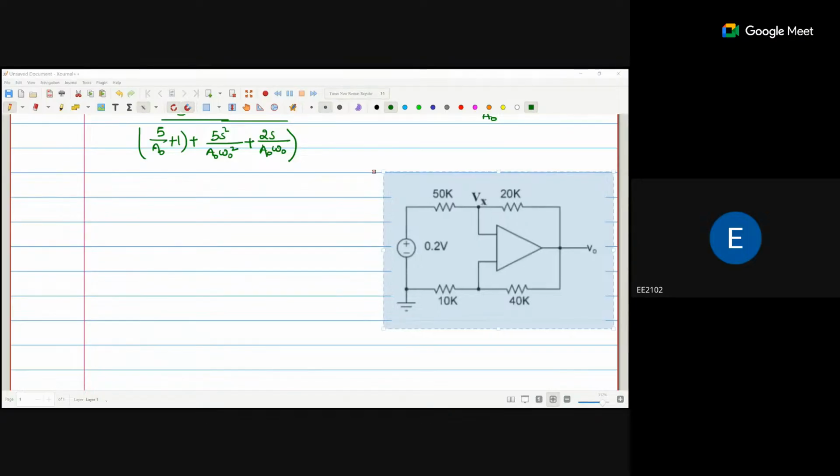The A naught is given as 5 by omega u bias.